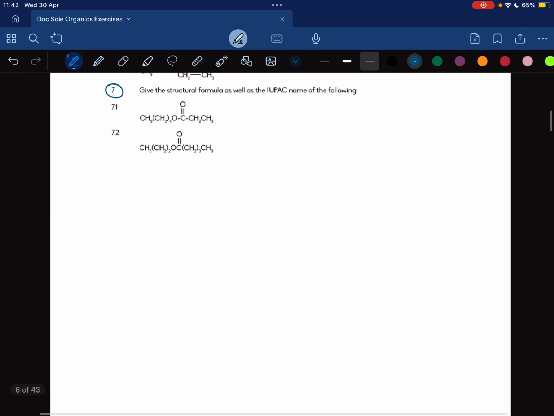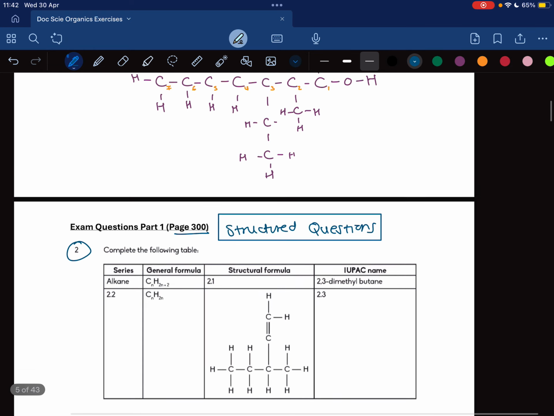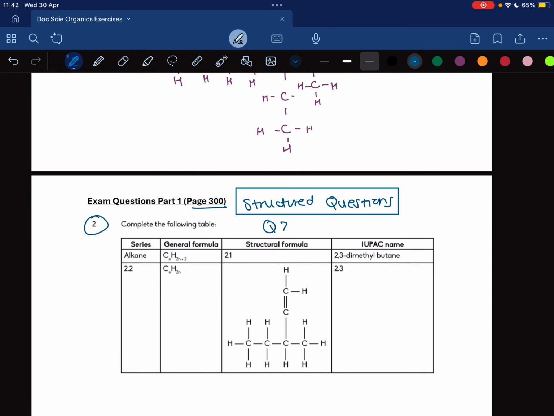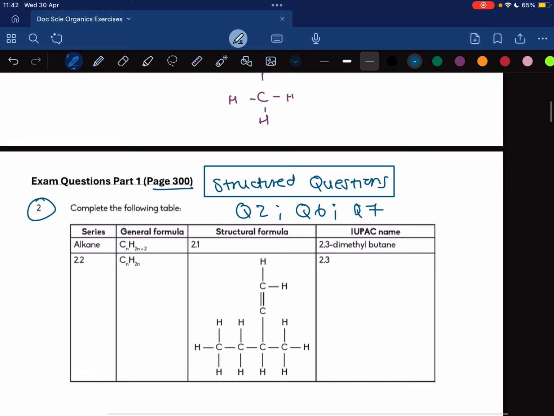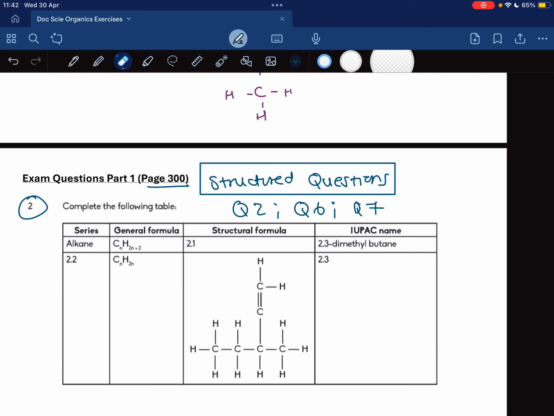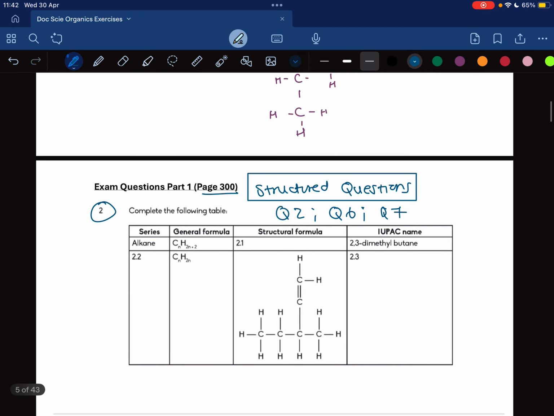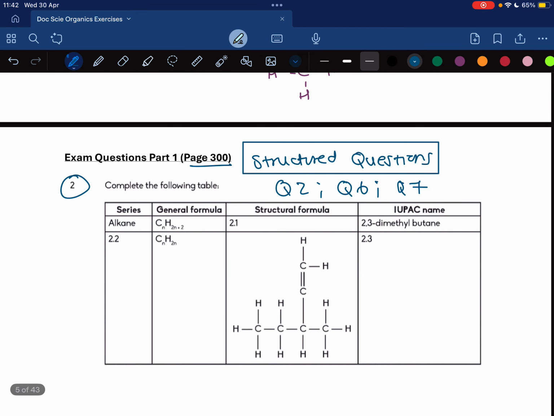And then I think that's it. Okay, so I'm going to take it down here as well, so you know it's question 2, question 6, and question 7. But also double check your Google Classroom, because the homework is also on there as well. Very important. I'll put it on the Google Classroom announcements as well.